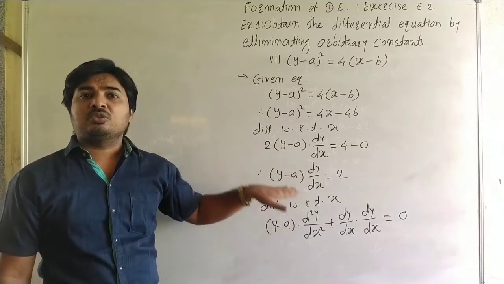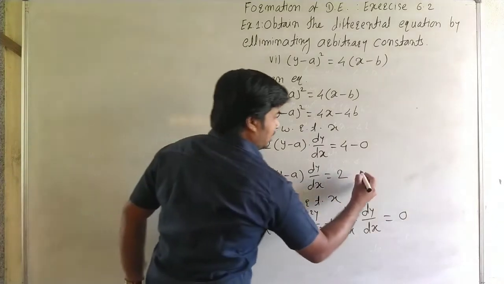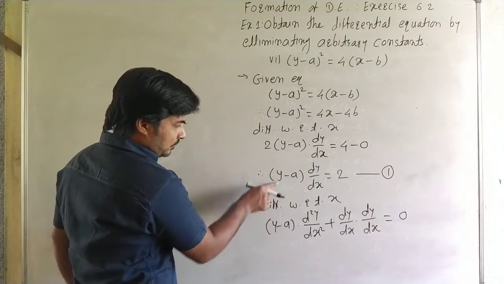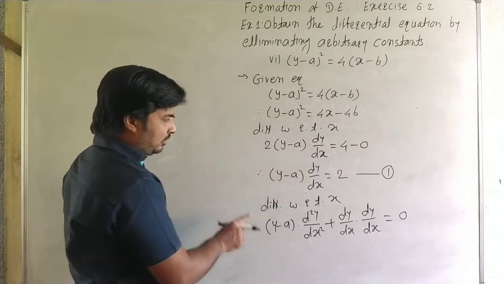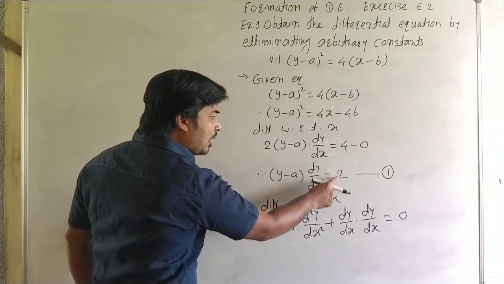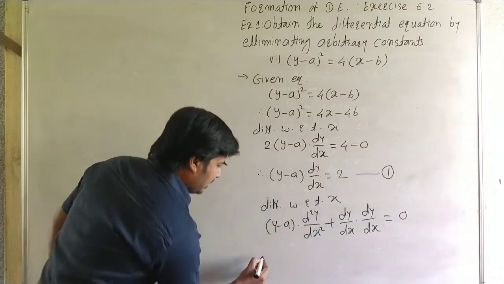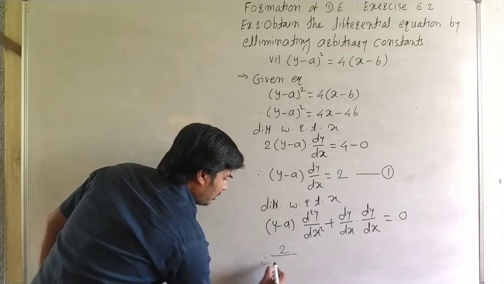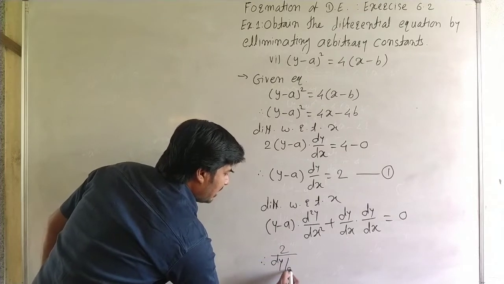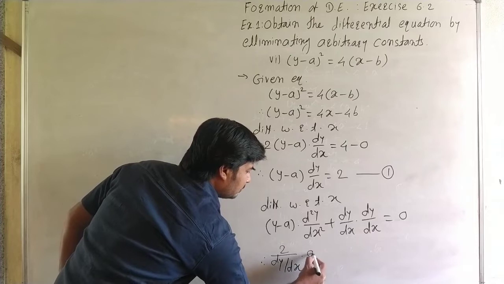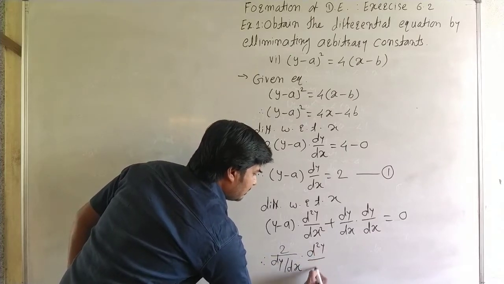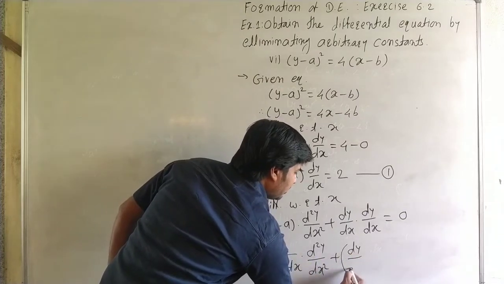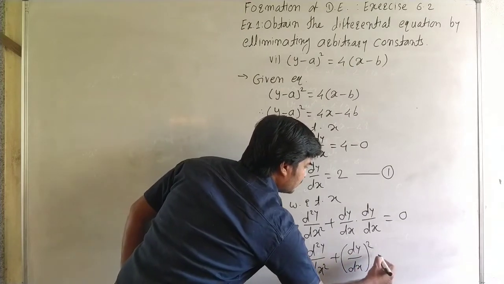We eliminate this constant. So the first differentiation is equation number 1. By equation 1 we put the value of y minus a, which is 2 upon dy by dx. Therefore, see carefully, y minus a is replaced by 2 upon dy by dx into d2y by dx2, plus (dy by dx) square is equal to 0.